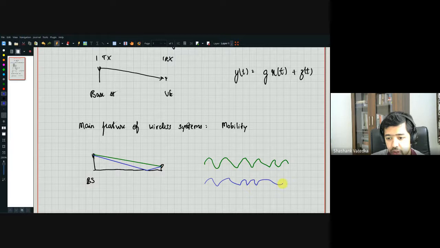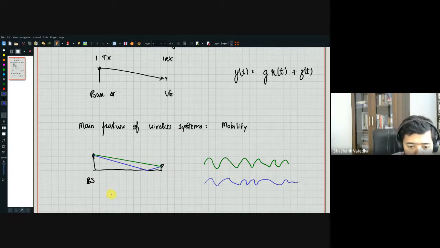Right, so this is a longer path. Excuse my bad drawing, but the distance along the second component is different from the distance along the first component. So what is received here is the sum of the green component and the blue component. So this could lead to self-interference.